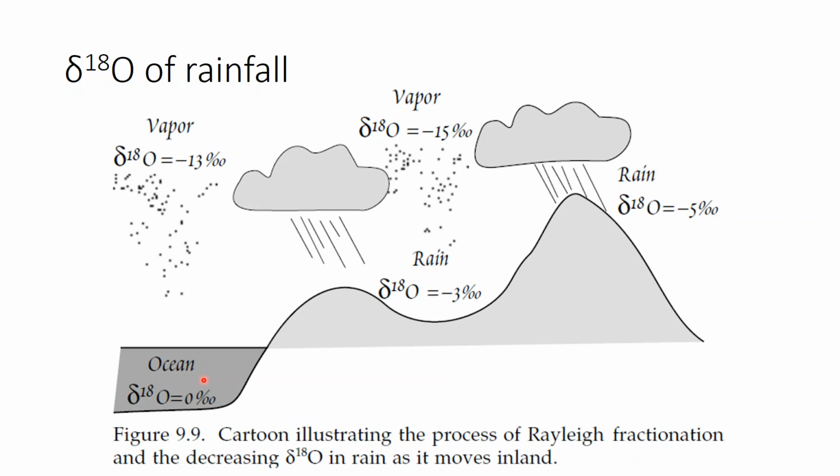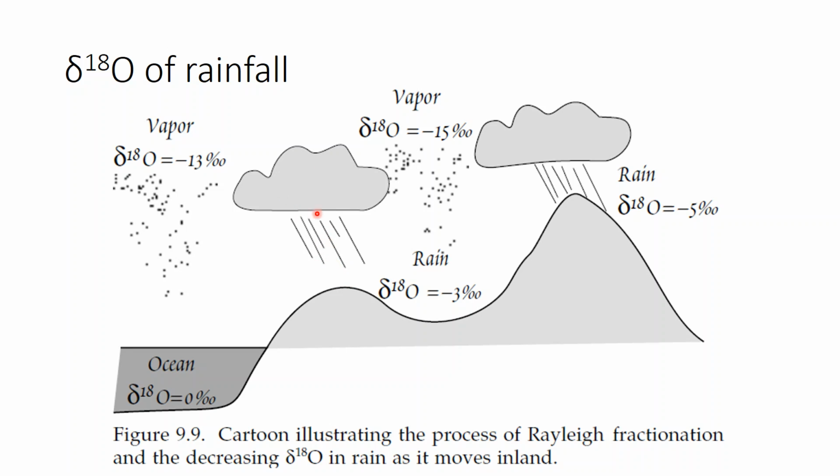Then some water evaporates from the ocean, and that will be isotopically lighter. So it'll be enriched in the O16 over the O18. So it'll have a negative delta O18. Now, at some point, some of that water vapor will precipitate out in the form of rain.